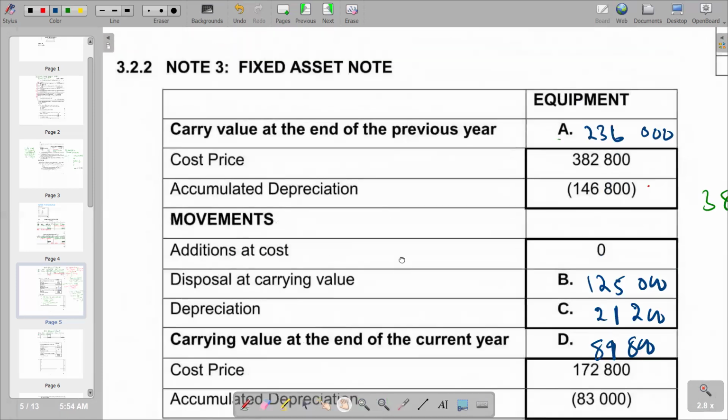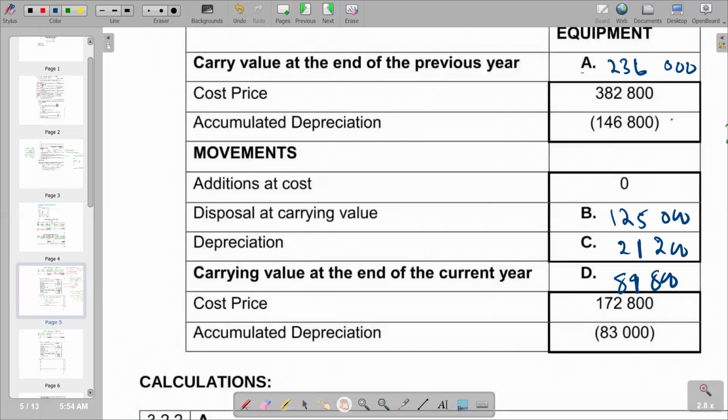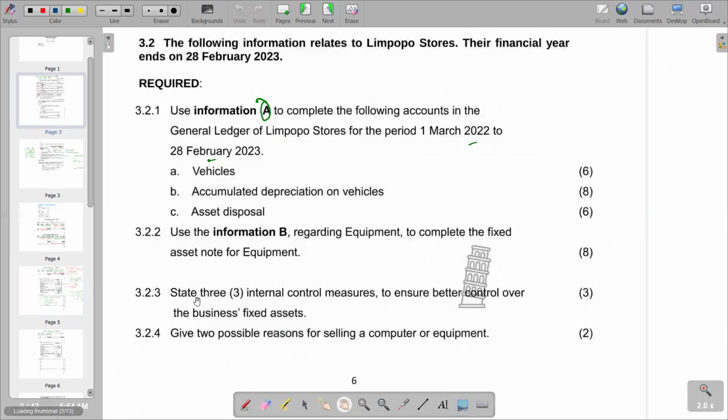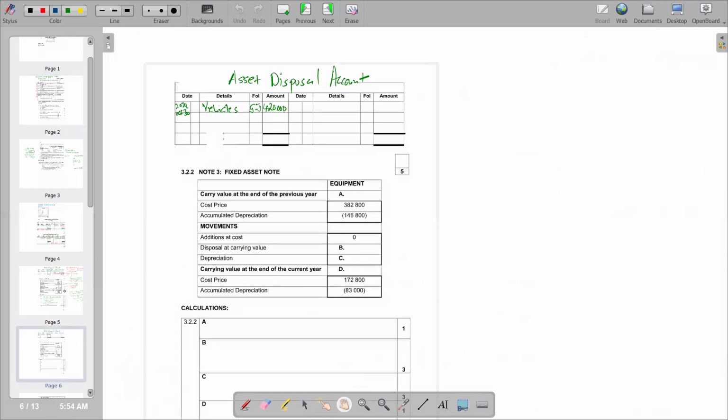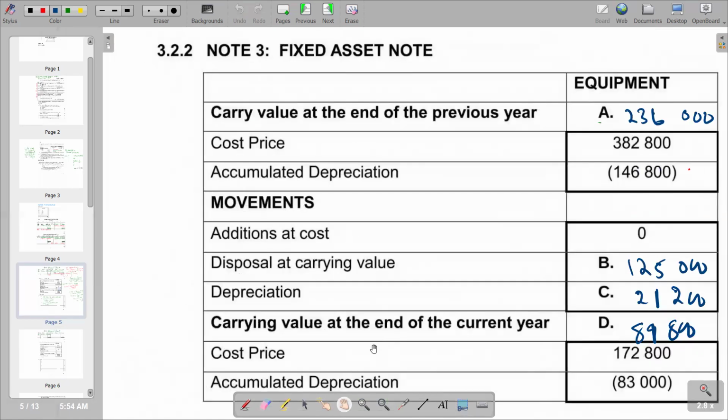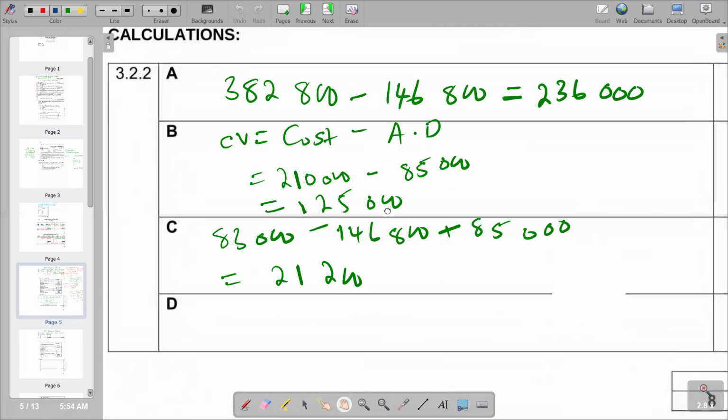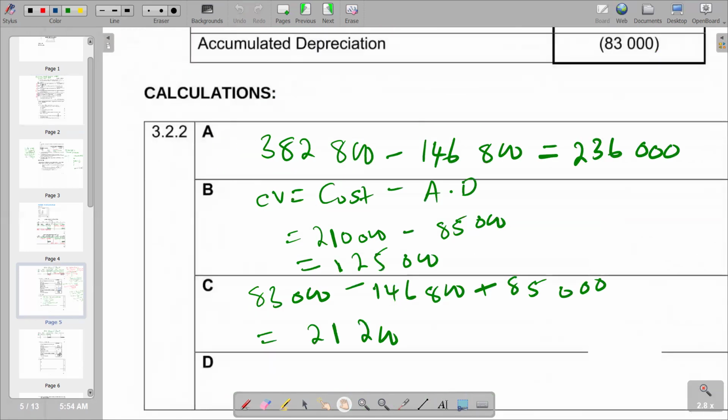Then we go to the last section, which is 3.2.3, step 3: internal control measures to ensure better control over the business fixed assets.